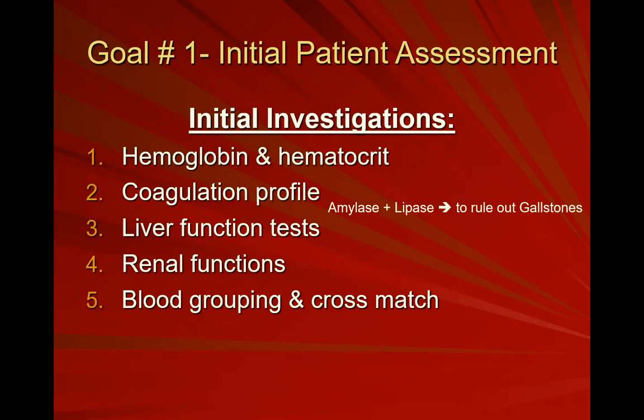Sometimes, according to the CBC and the hemoglobin, you might also give the patient a blood transfusion. It is also very important to check blood grouping and cross match, because you would not want to complicate blood transfusion with mismatch.